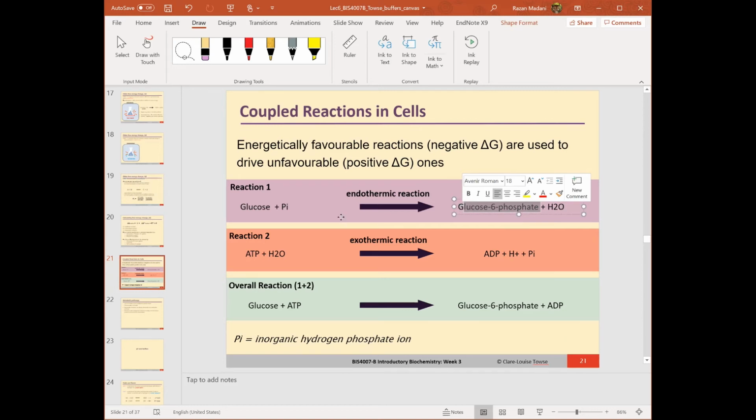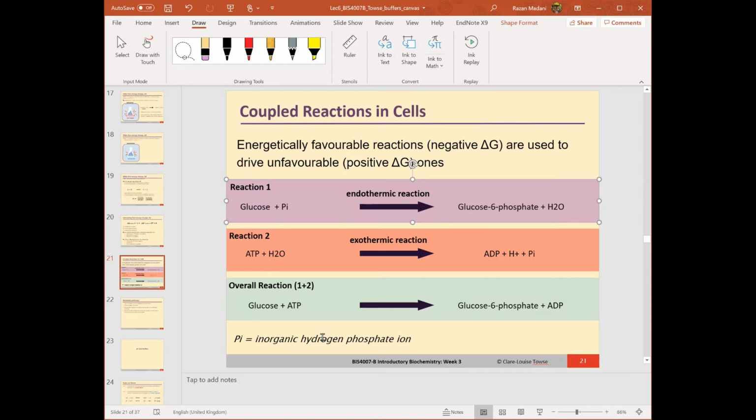So you're making an endothermic reaction that will take from the surroundings, and it will be hot inside the system. Here it's an exothermic one because it's breaking the phosphate from ATP. Remember when you're breaking important things, it's going to be exothermic, and this one is forming a new molecule.